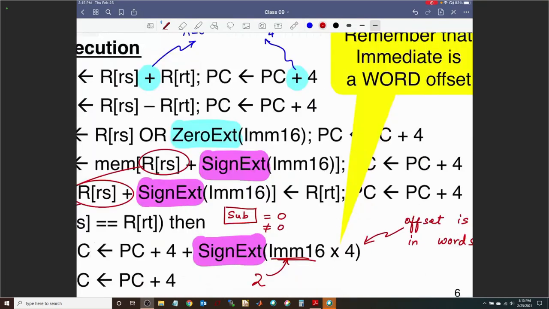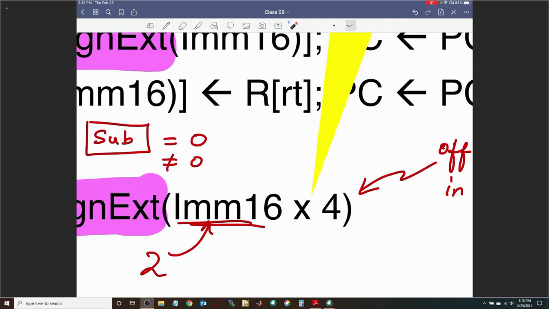The answer is here. Addresses are in words, yes. So I need to multiply by 4, right? If I want to multiply by 4, how can I do that? By using a shifter.